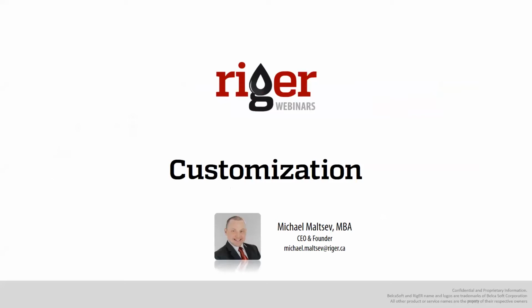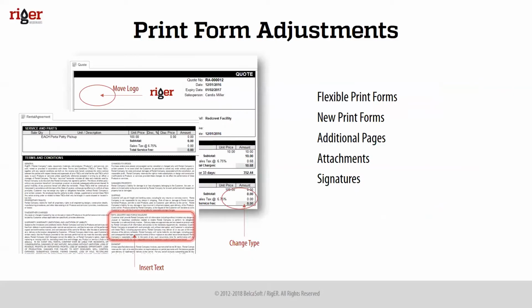So let me speak about customization and how we usually do customized things in RigER. The most common question about customization would be a print form adjustment. So say move the logo, change the type, insert text, move something, add some information to the print form.